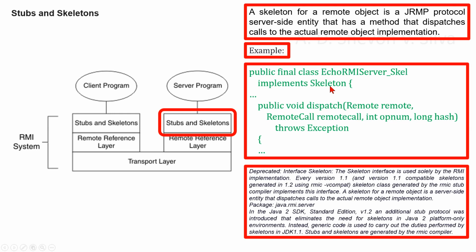A skeleton for a remote object is a server-side entity that dispatches calls to the actual remote object implementation. This interface is in java.rmi.server.